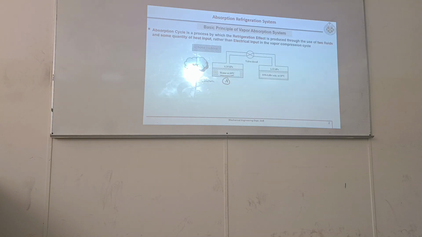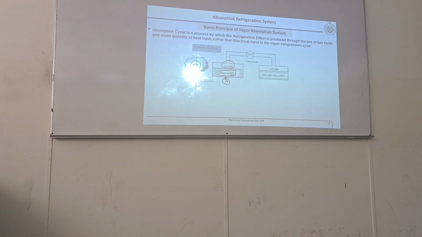In these systems, we use two different fluids within the system. For example, one of the fluids is water. Water is here in that vessel at 30 degrees Celsius. Ambient is also at 30. So in this vessel, you will have water, and here you will have water vapors.